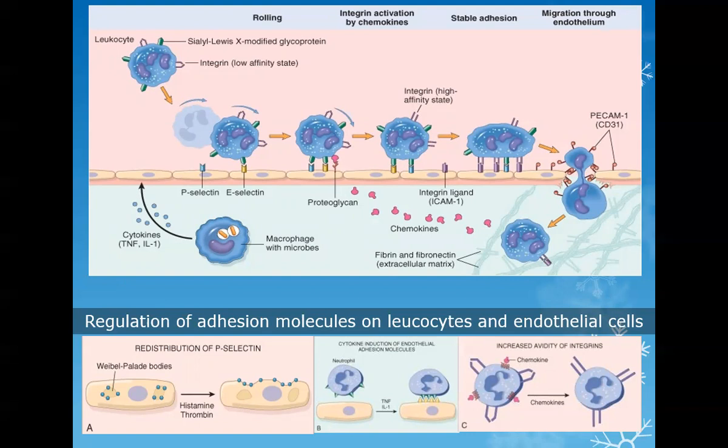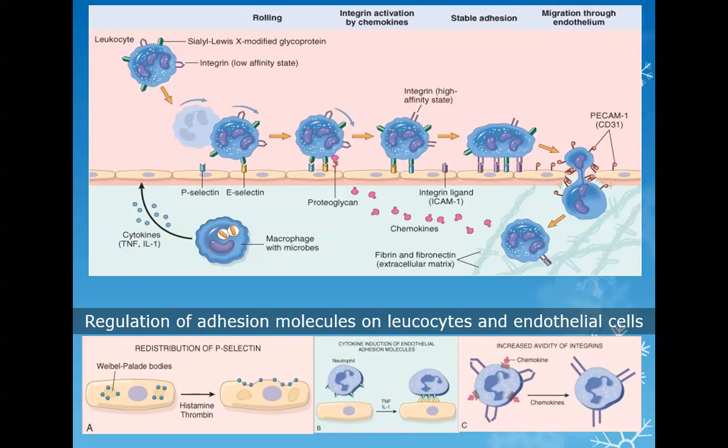Clear? Sialyl Lewis has to stick to P-selectin and E-selectin. Integrin will attach to ICAM. Clear? So integrin ligand is ICAM. For sialyl Lewis, it is P-selectin, E-selectin.